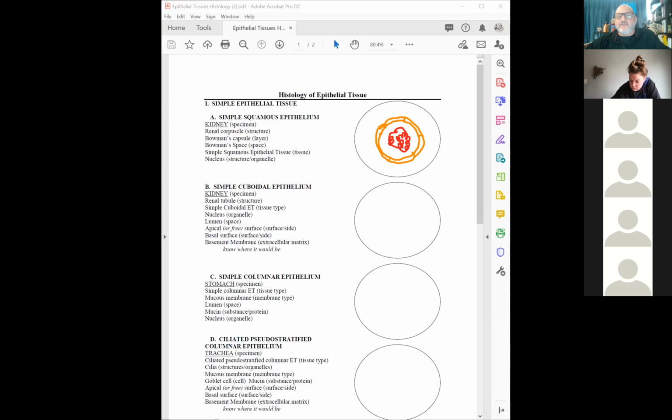And in that single layer of flat cells, I can often see a nice big nucleus in here as well, right? So something that looks a little bit like that. Then I'm going to label everything. By labeling everything, I don't mean that you're going to say that this is Bowman's capsule or this is the simple squamous.